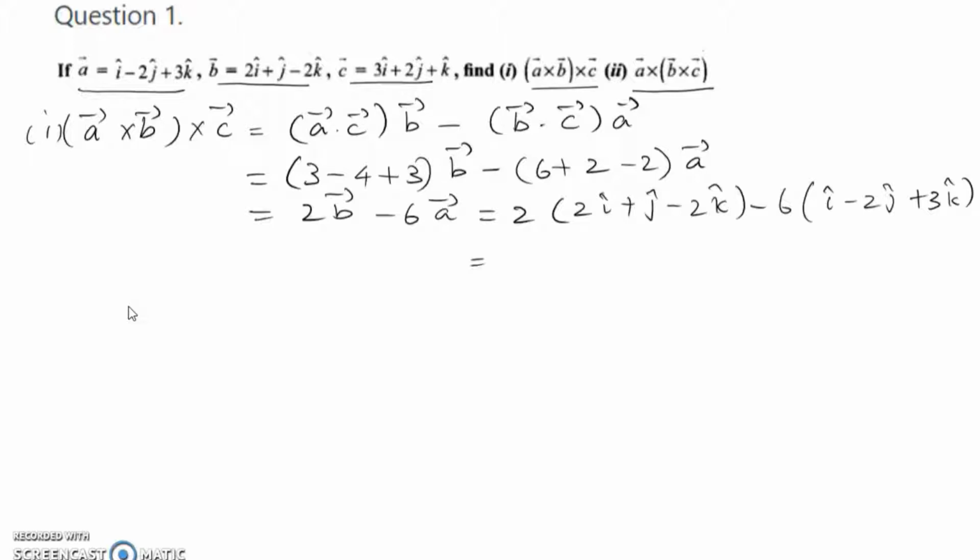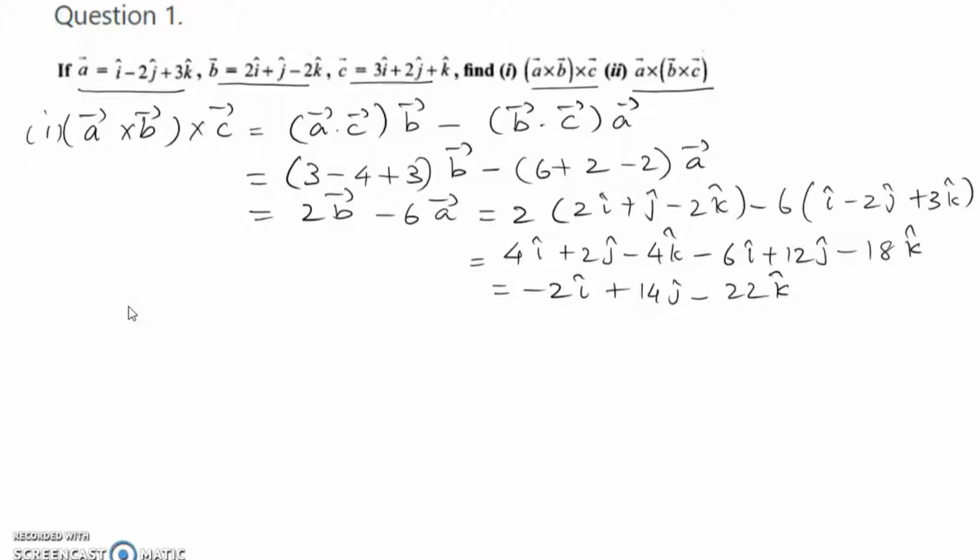So further simplifying this, you get 4 i cap plus 2 j cap minus 4 k cap, minus 6 i cap plus 12 j cap minus 18 k cap. Further simplifying, we get minus 2 i cap plus 14 j cap minus 22 k cap. Okay, so that's our answer.